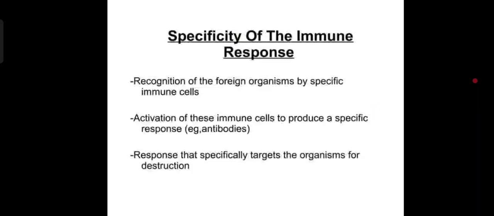Specificity of the immune response: foreign organisms are recognized by specific immune cells, and activation of these immune cells produces a specific response. For example, antibodies specifically target the organisms for destruction. This is phagocytosis and natural killer cells, and MHC class 2 proteins present the antigen and help create new antibodies.